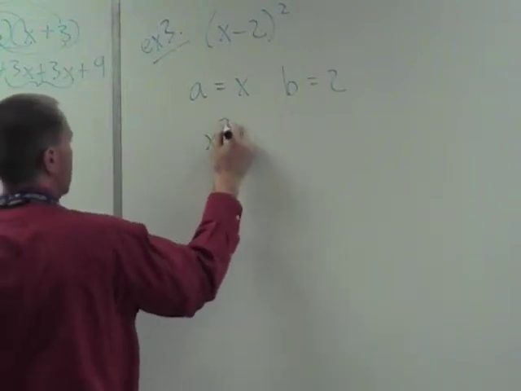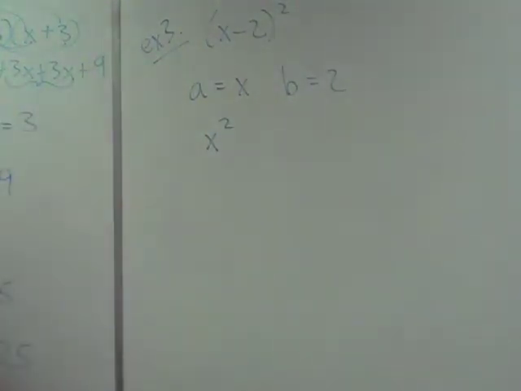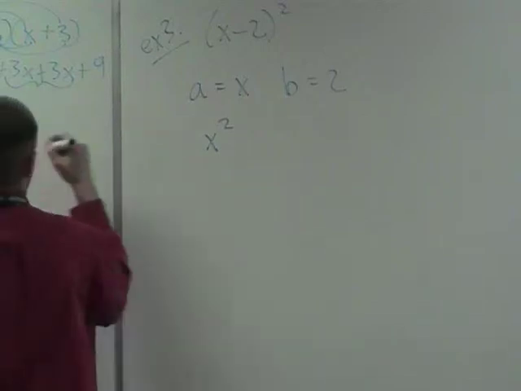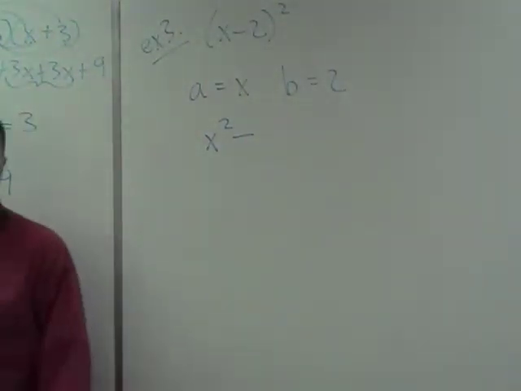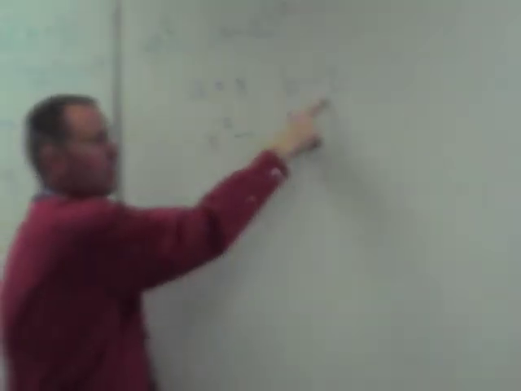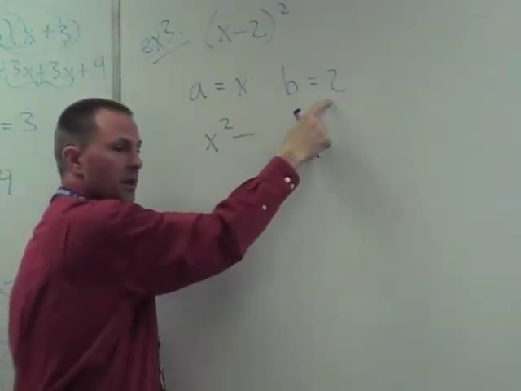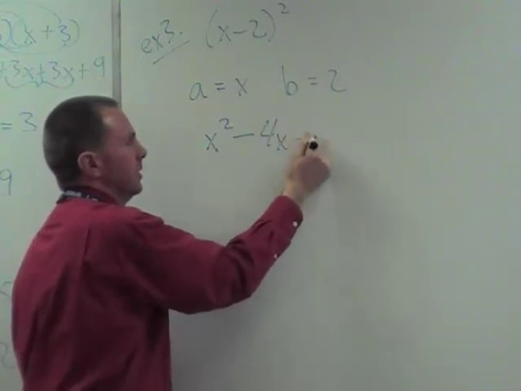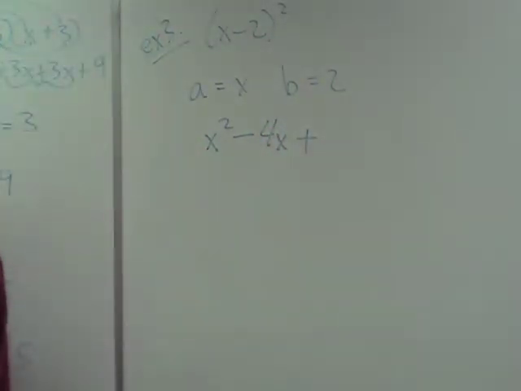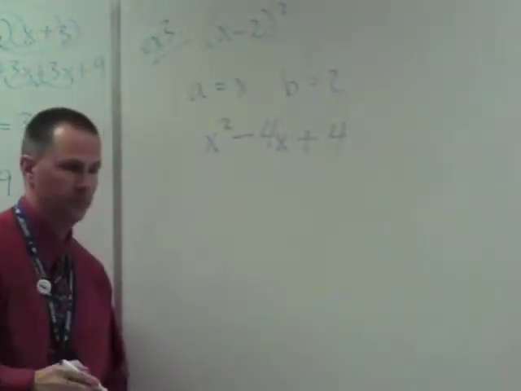X squared. Minus. A times B? 2x, times 2, 4x. Plus B squared. Wow. Not so bad, is it?